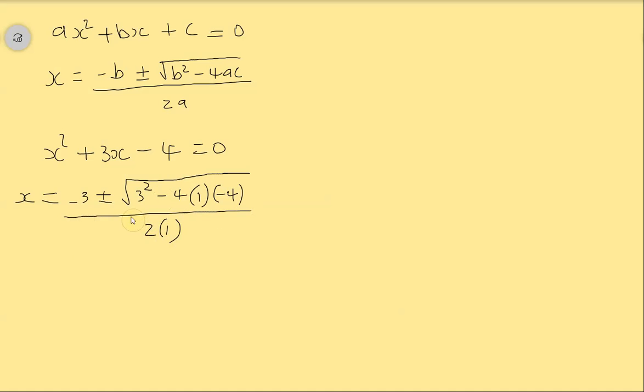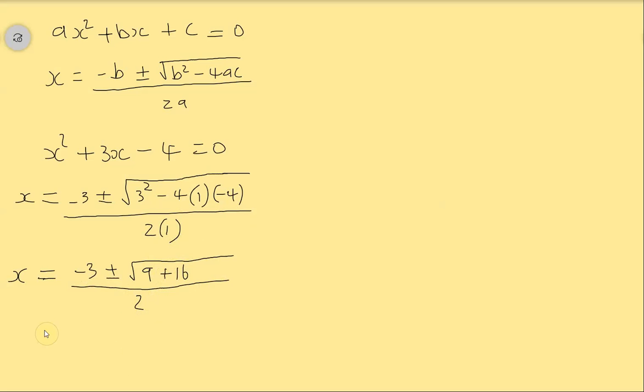Great. Now continuing, x is equal to minus 3 plus or minus the square root of 9 minus, now that's a negative 4 times 1, which is negative 4, and that is multiplied by a negative 4, which is positive 16, so that's a plus 16, and that's all upon 2 times 1, which is 2.